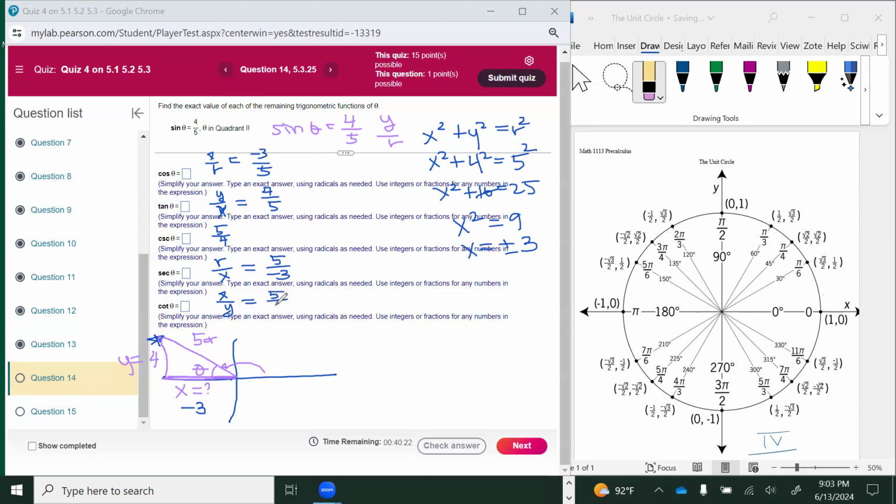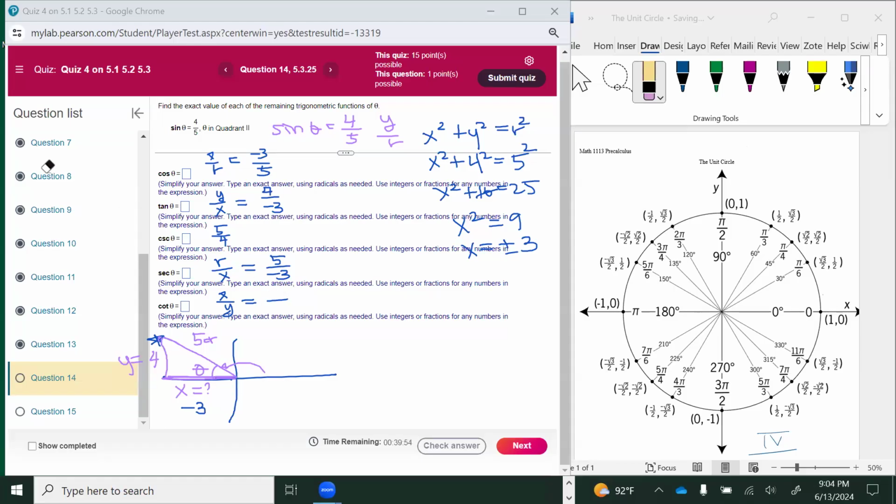I think I messed up with the tangent here. I think I read it wrong. Tangent is y over x, so this should have been negative 3. I wonder if you noticed that and couldn't fix me because this is a recording.